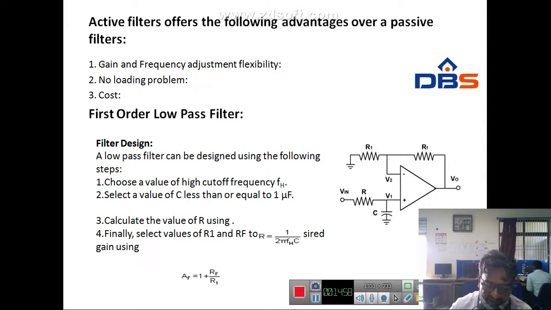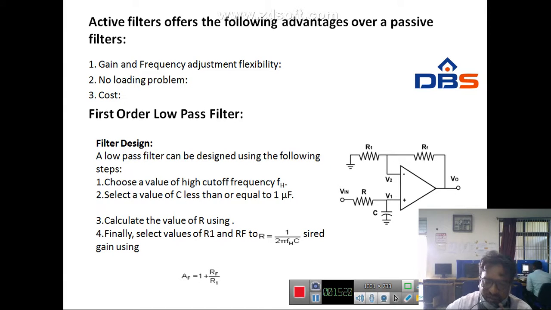This figure shows the first order low pass Butterworth filter, which uses an RC network for filtering. Here we are using R and C components to filter the frequency components.